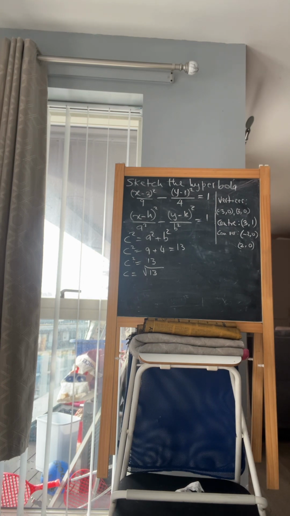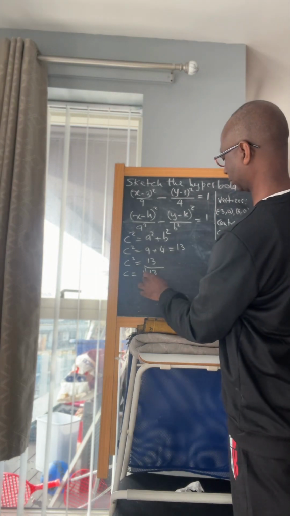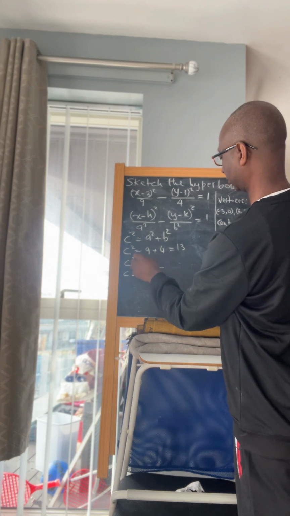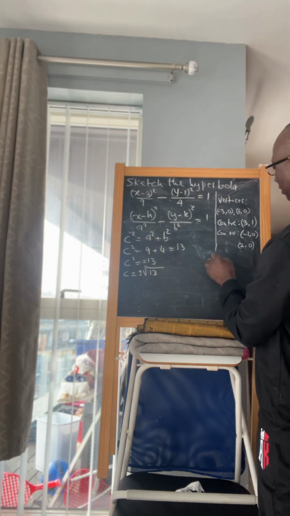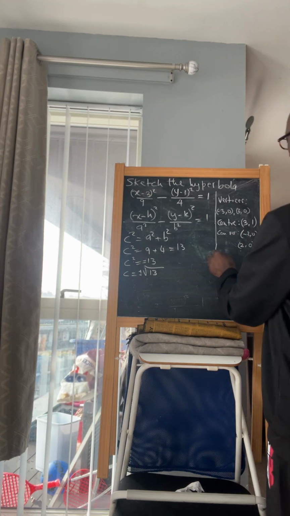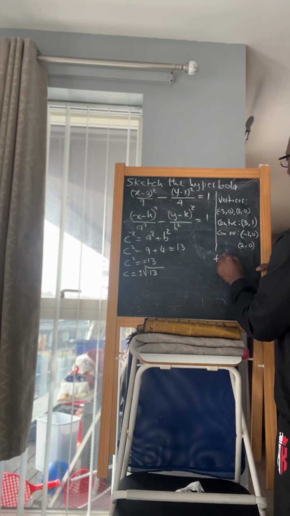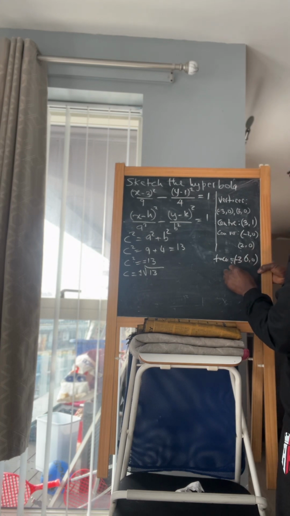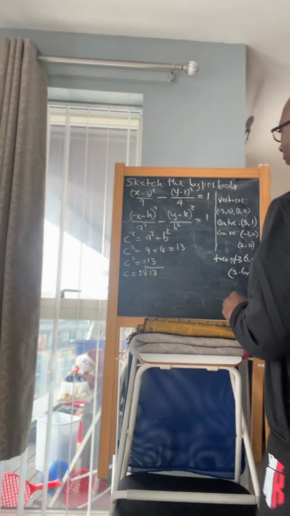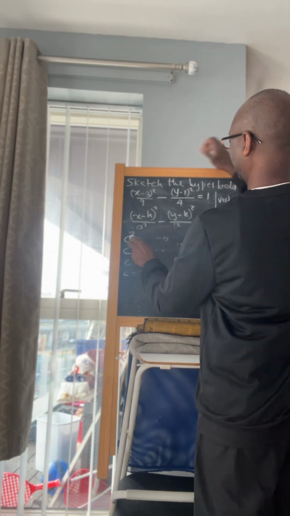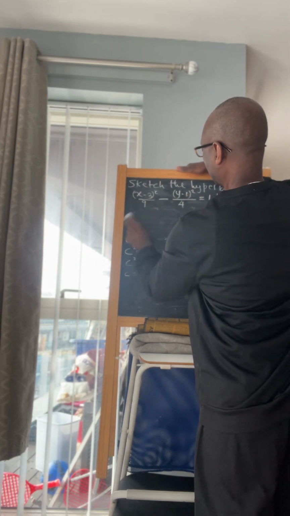Root 13 is about 3.6. So the foci are minus 3.6, 0 and 3.6, 0, in pairs, because you have the left-hand branch of the hyperbola. So now we've got all the features of the hyperbola.